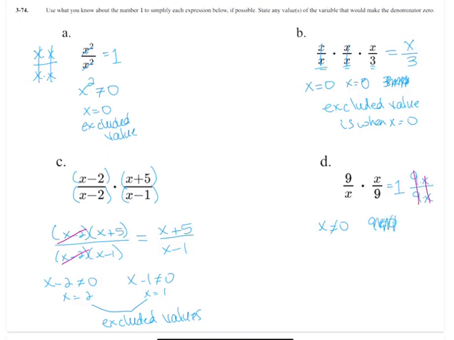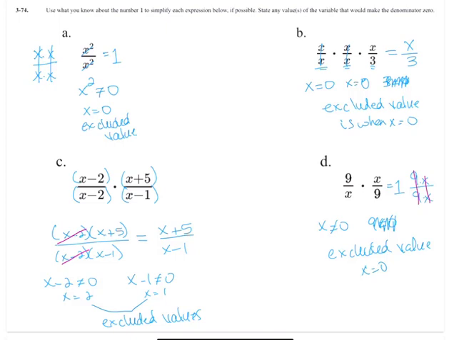So we don't even have to worry about that one. So then what's my excluded value? Excluded value when x equals 0, right? We always have to look at those denominators, especially in rational expressions where we have variables in the bottom.